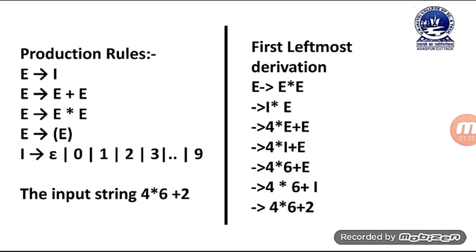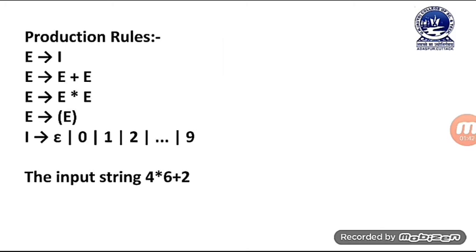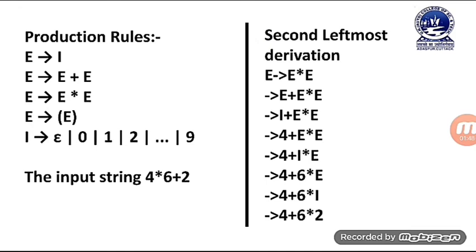Actually, what happened here is that I replaced serially from left to right, E with I, then I with the digit of the input string, and in this way we finally got the result. But if we use some other way, we can also get the output, and the derivation will be like this.